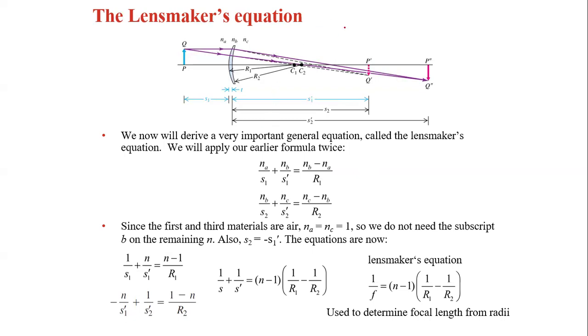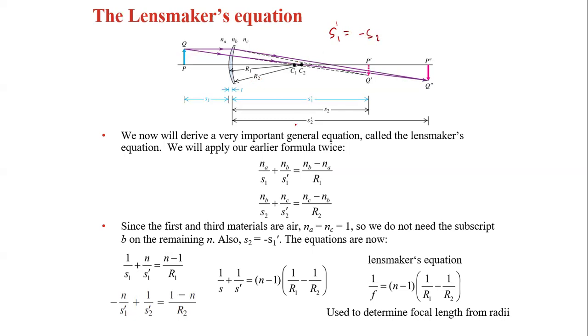Since we treat this as the object, its distance is s2 for the second surface, with radius r2. So what we have is that s1 prime is equal to the negative of s2.